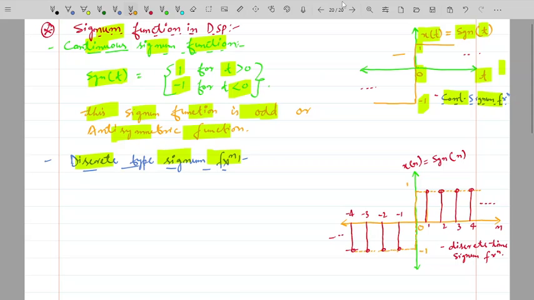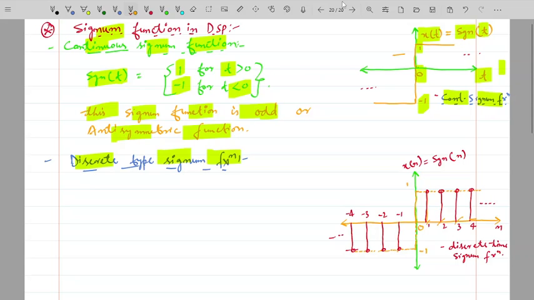In the discrete time signum function we take the discrete sample values, which are the samples of this flat continuous signal, with flat amplitude of minus 1 on the negative side and flat amplitude of 1 on the positive side. These values are for 0, 1, 2, 3, 4, and so on, and all the values on the positive side have the same amplitude 1.